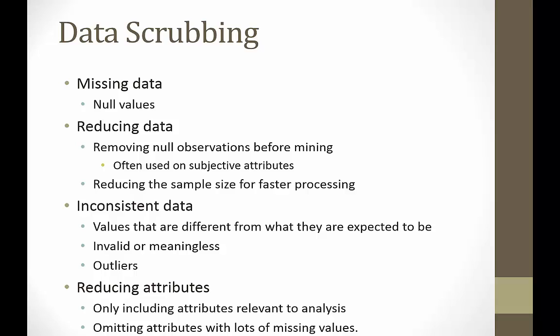So these are invalid or meaningless. Some data might also be invalid or meaningless because of sensor error. If your data is coming from different sensors within a system, the sensor error may lead to invalid or meaningless data. You have to be able to find these data and deal with them. Another type of inconsistent data is outliers.